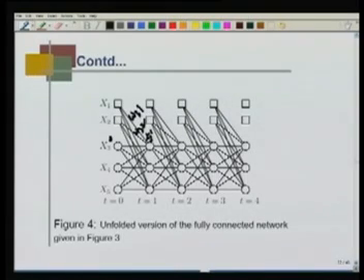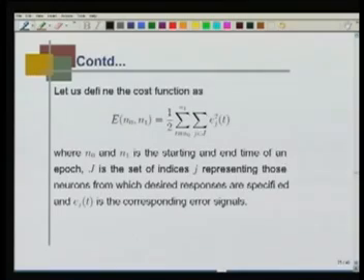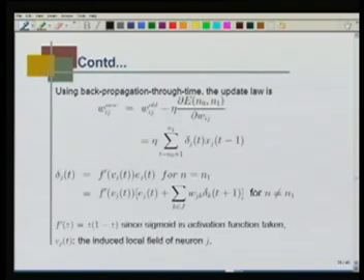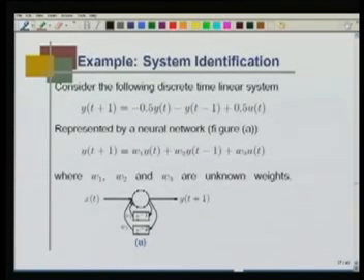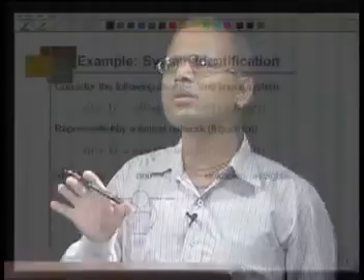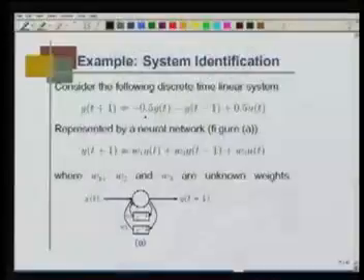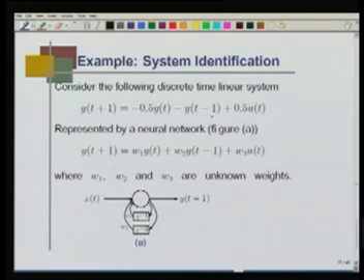Okay. So, let us take one example today to illustrate what we have learnt. Let us take a simple linear network, a linear dynamics: y(t+1) is minus 0.5 y(t) minus y(t-1) plus 0.5 u(t), a simple discrete dynamic equation.